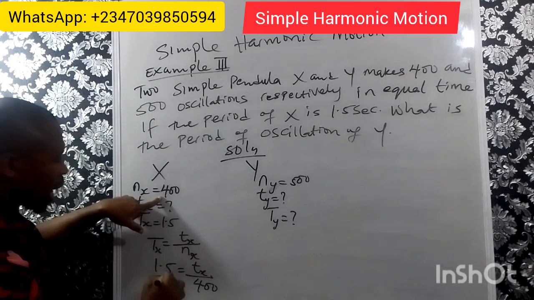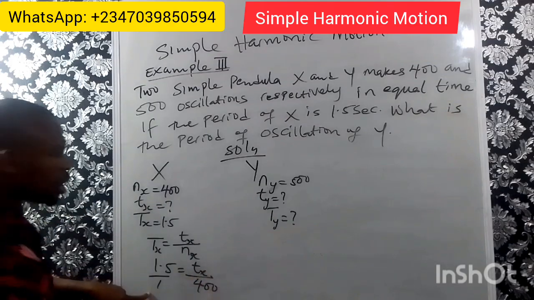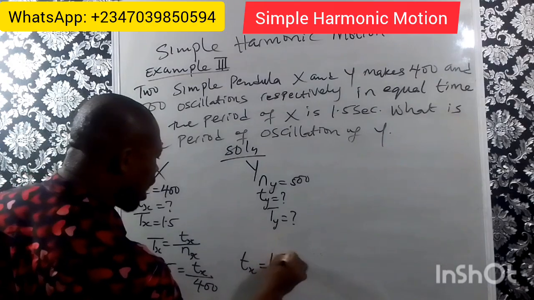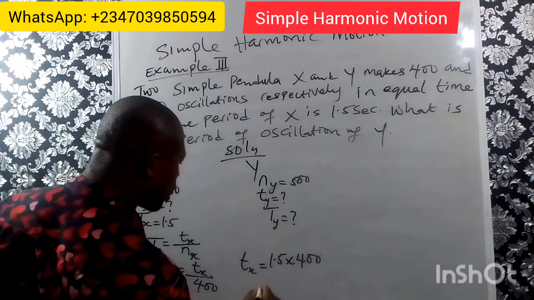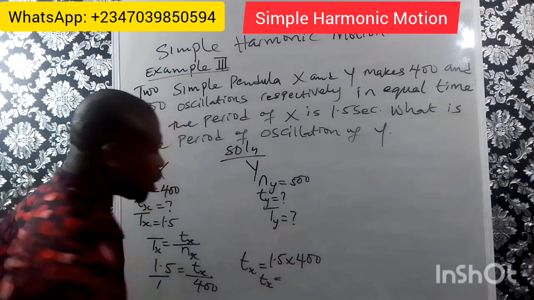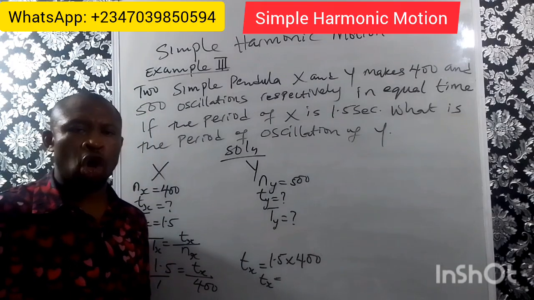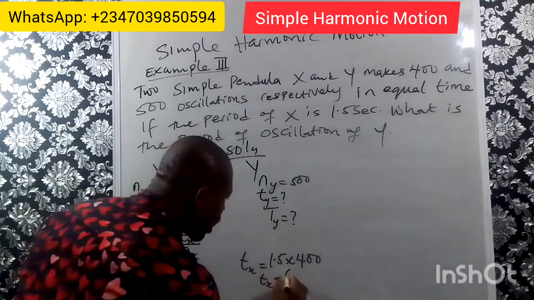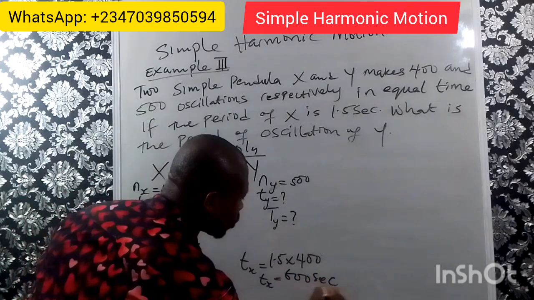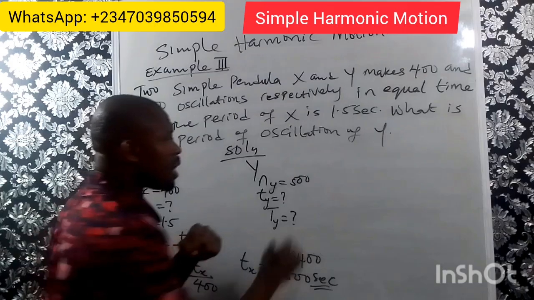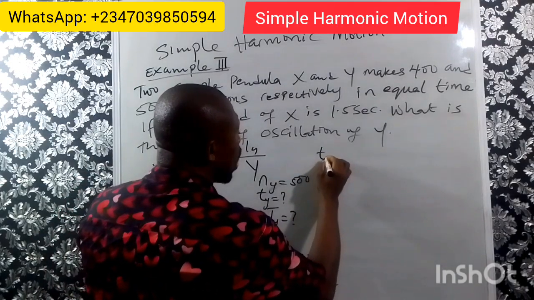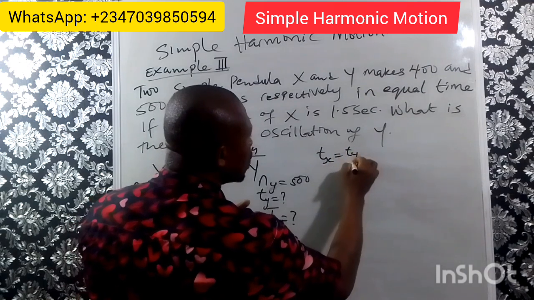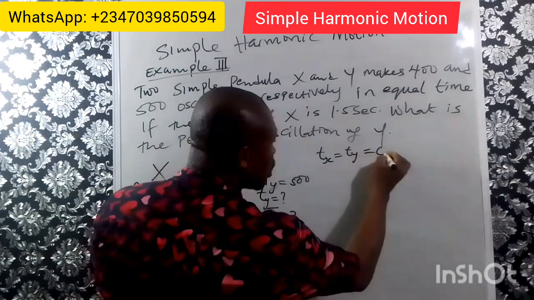At this point, we can cross multiply. Tx is equal to 1.5 times 400, which will give us 600 seconds. Remember, they said that both of them were done in equal time interval. That means Tx is equal to Ty, and everything is equal to 600.